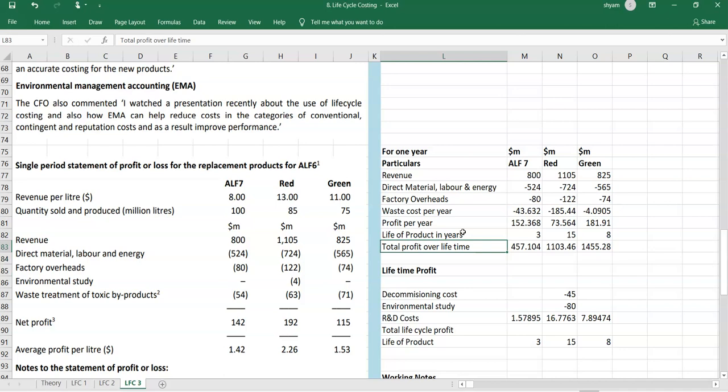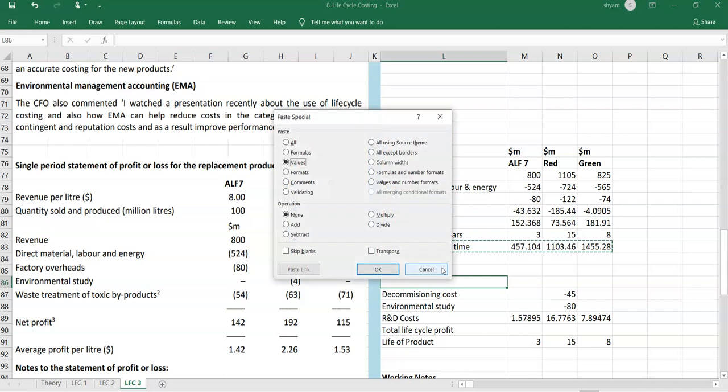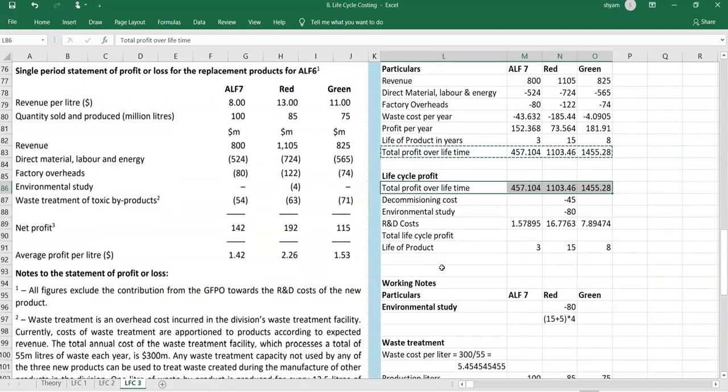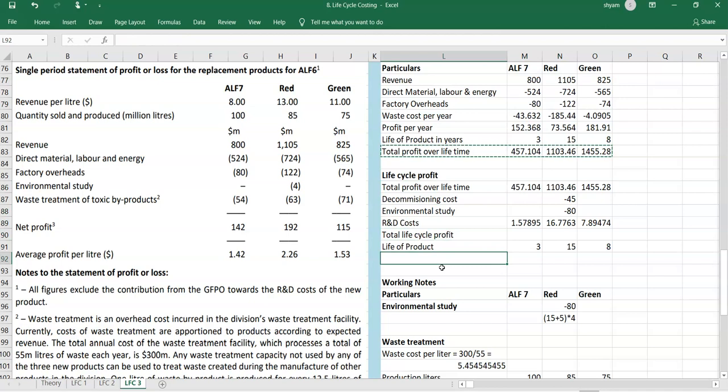So let's get the life cycle profit. Okay, we have to get that. So we have got the total profit over the lifetime. That has not considered these costs. Okay, so let's consider these costs.